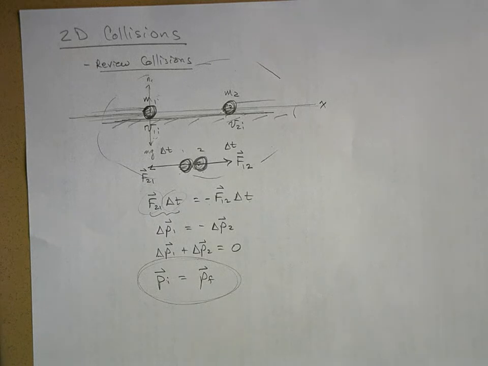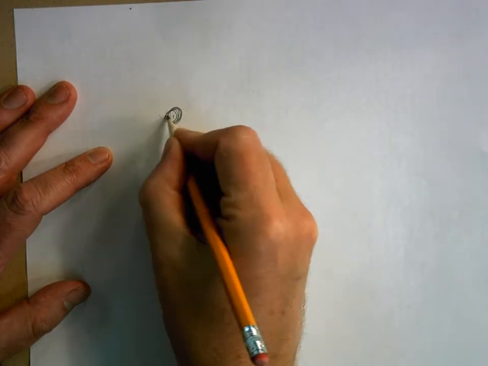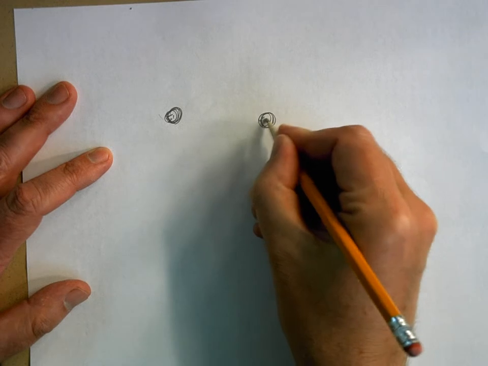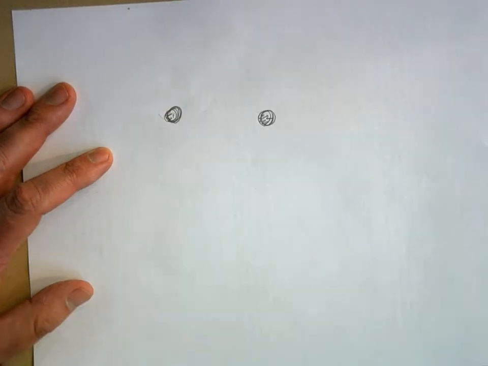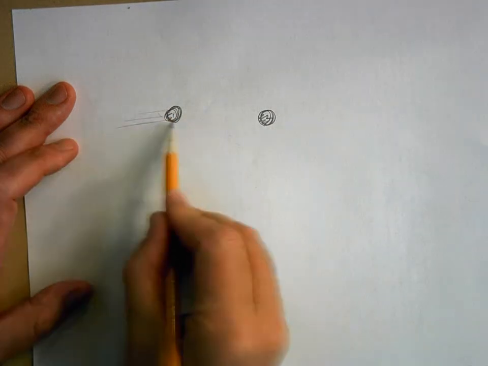Because now we have an x direction and a y direction. So suppose that these two objects, here's object 1, here's object 2, and suppose this object is moving in this direction.